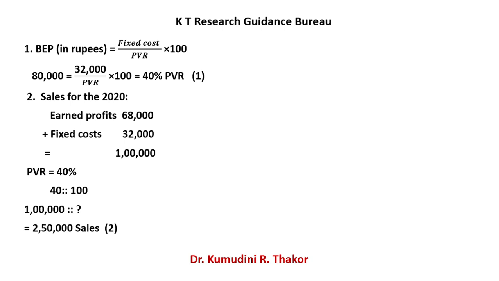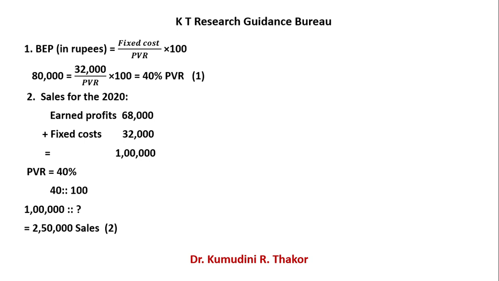S minus V equal to C minus P. F is equal to P. So in this case, if you add fixed cost, then you can find out 1 lakh rupee. So sales 40 equal to 100. Then for 1 lakh, PV ratio is 40%. So for 1 lakh it is how much? So your sales come 2,50,000.